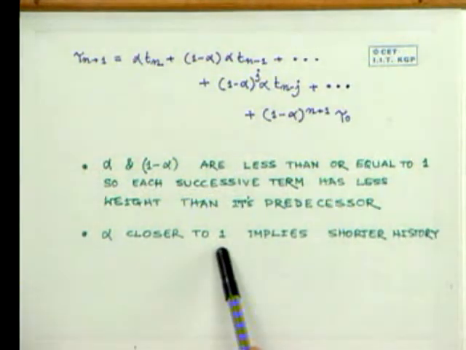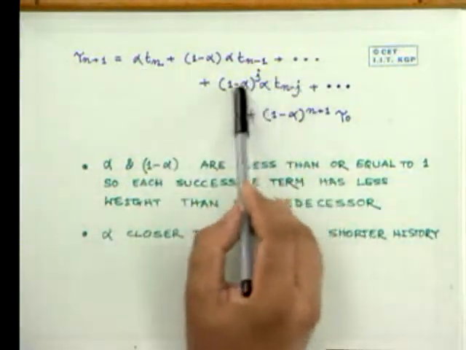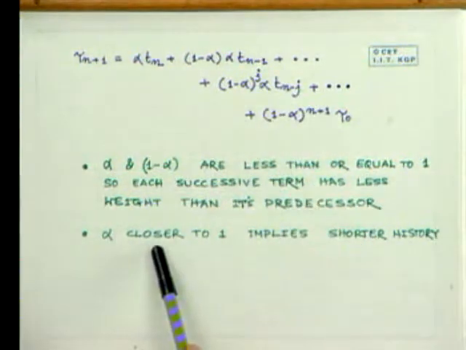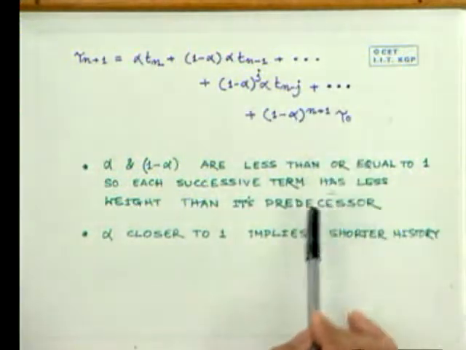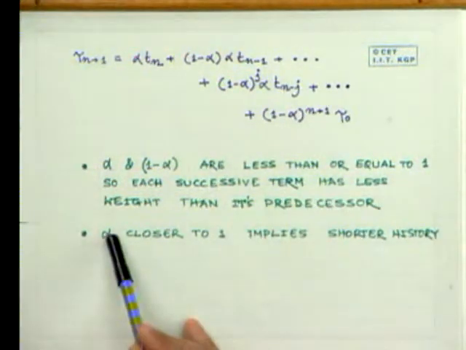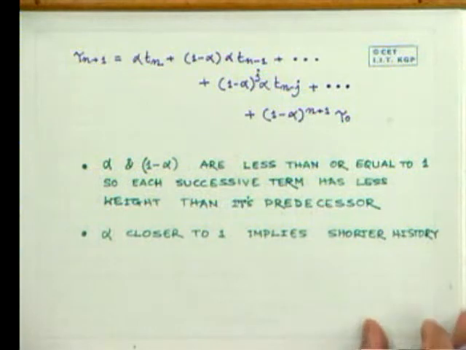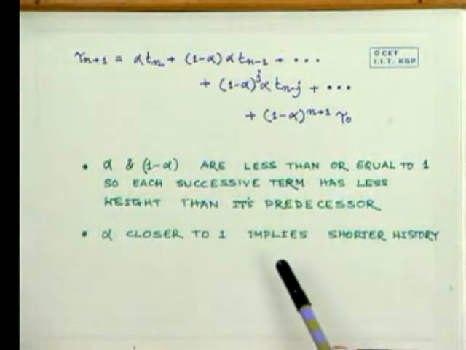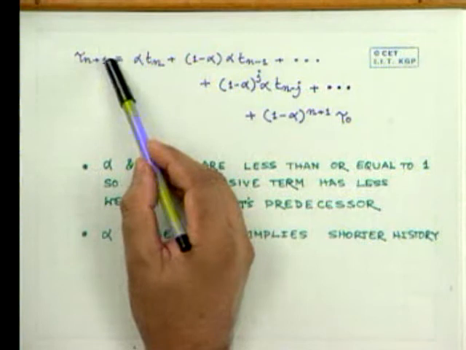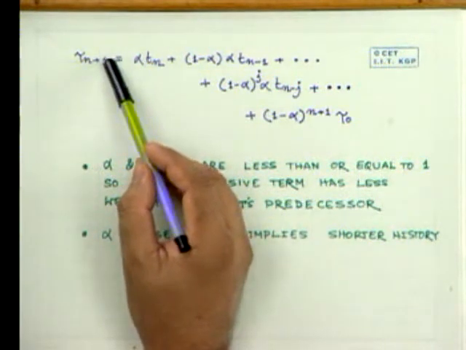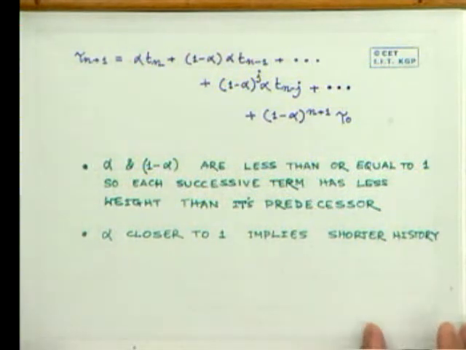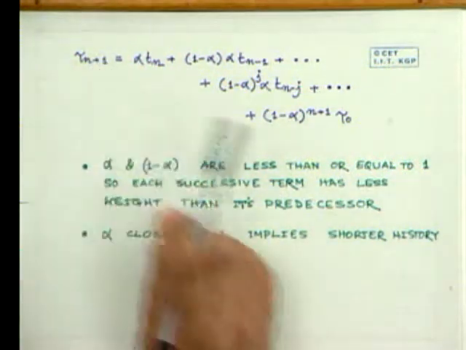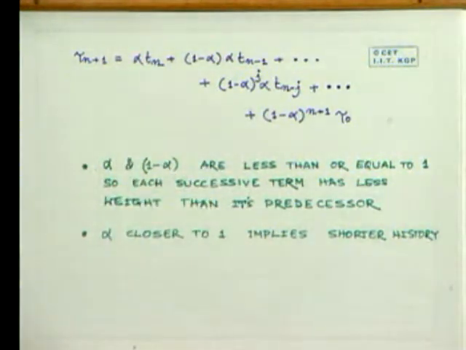If we make alpha closer to 0, we are basically going for a long history. Therefore, by choosing alpha properly, we can predict the value of the next CPU burst for the next instant of time, and this predicted value can be used by this algorithm.